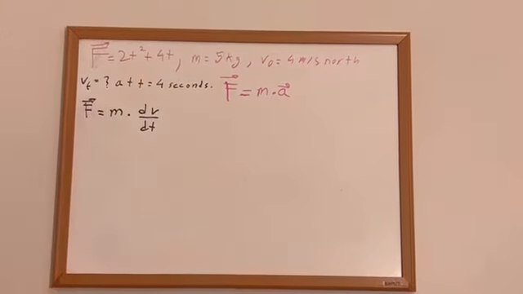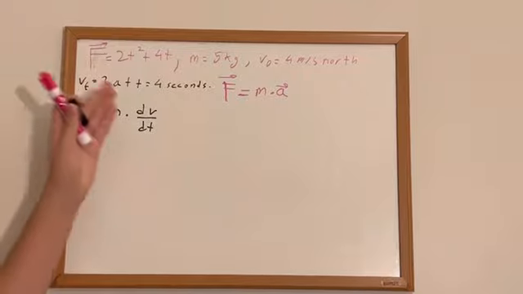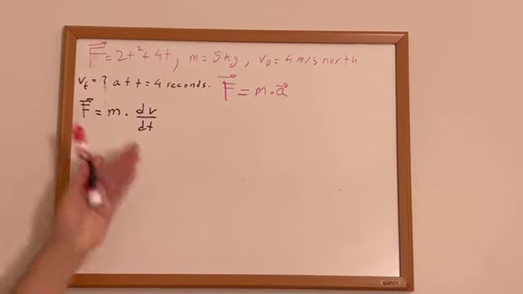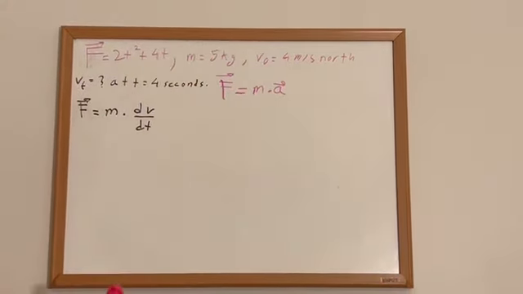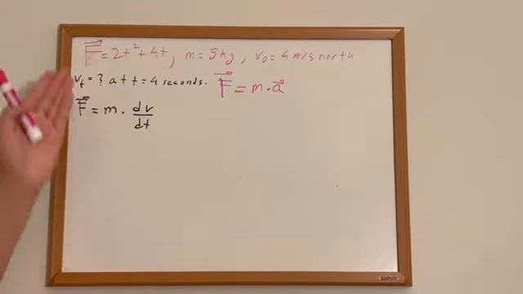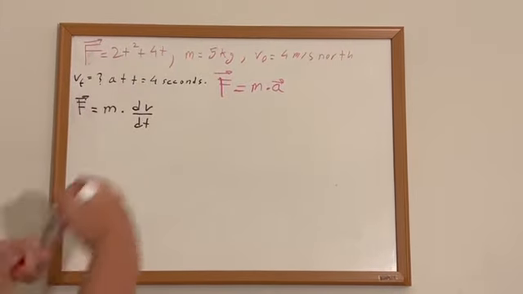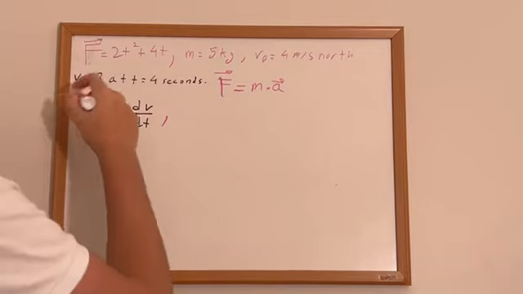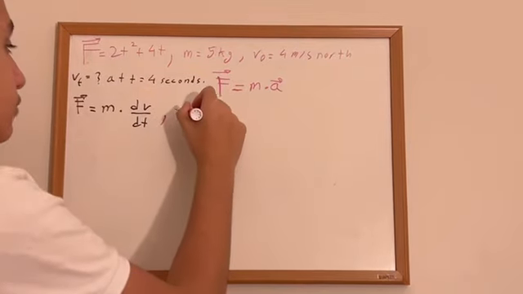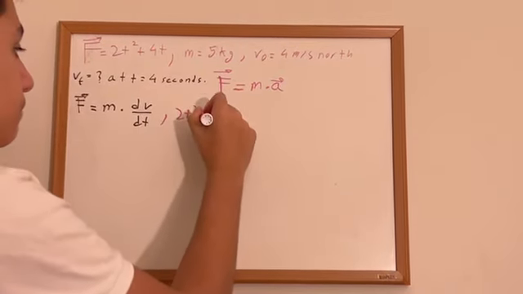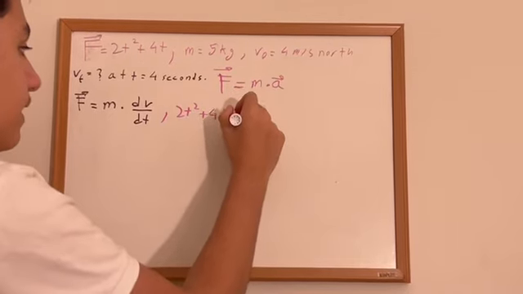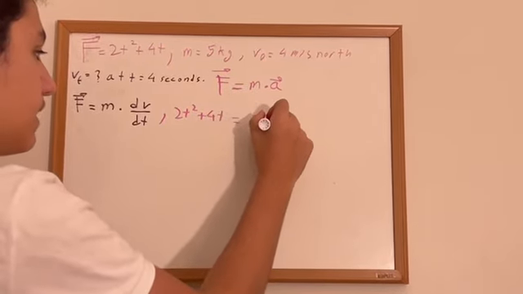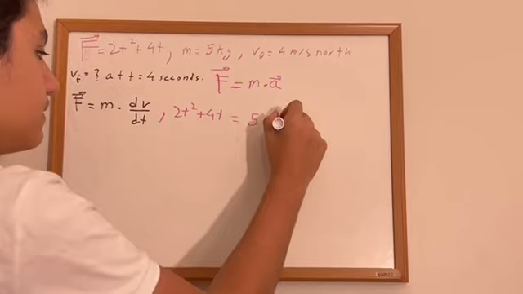This is read as the derivative of velocity with respect to time. Now we can plug in the values we know. The force is a function, so 2t squared plus 4t is equal to 5 times dv over dt.